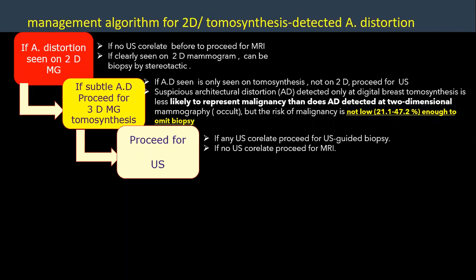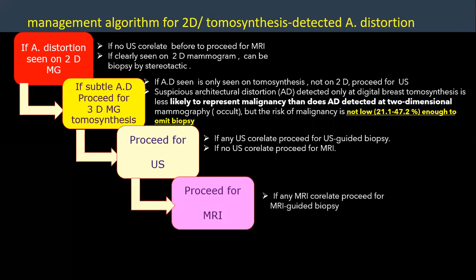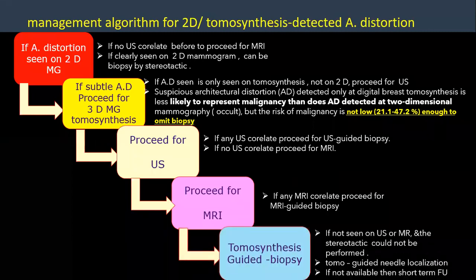If you could not see the lesion on ultrasound, go back to mammography, and if you have stereotactic facility, use it to take a biopsy. Otherwise, proceed to MRI, and if there is an MRI correlate, it can be used as guidance for biopsy.